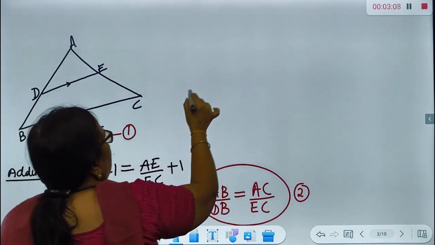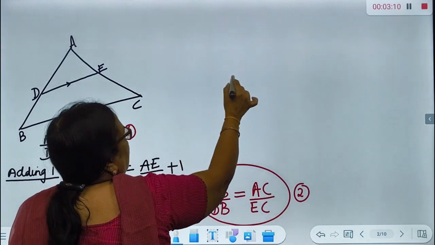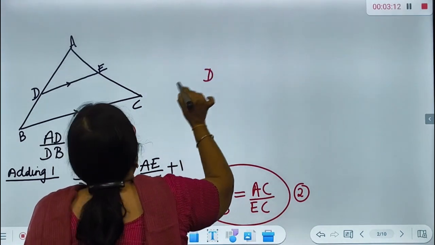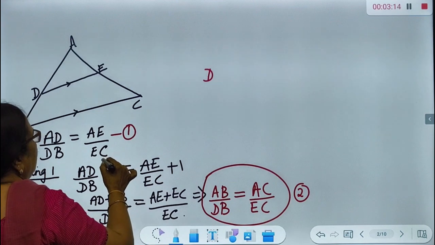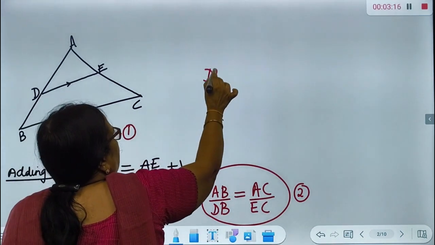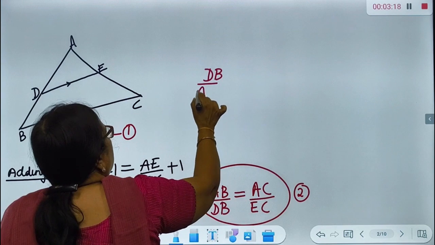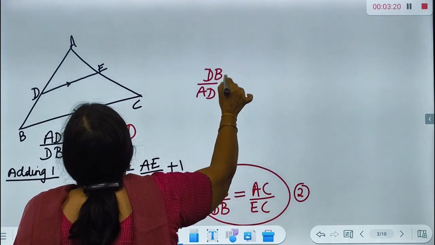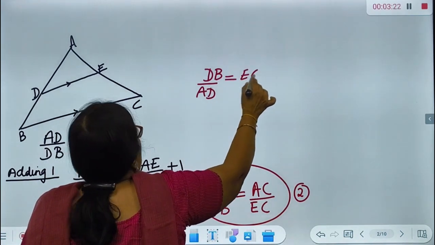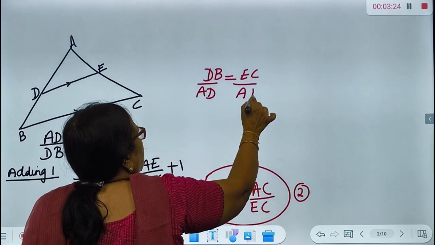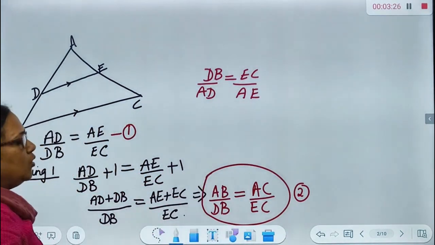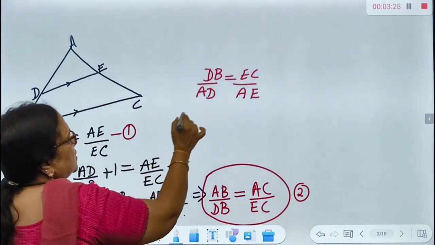Now suppose I invert it and then add 1. If AD by DB is equal to AE by EC, definitely DB by AD is equal to EC by AE. Now let us add 1 on both sides.